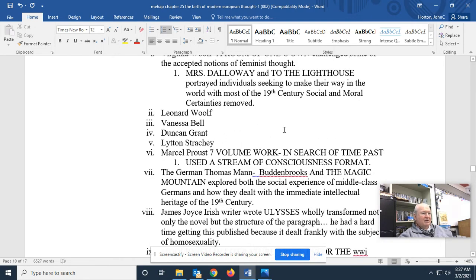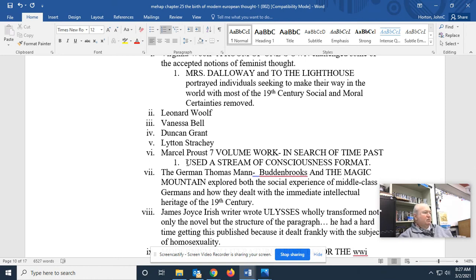Marcel Proust, his seven-volume work, In Search of Lost Time, used a stream of consciousness format. If you ever want to blow up your mind, and I don't recommend it.